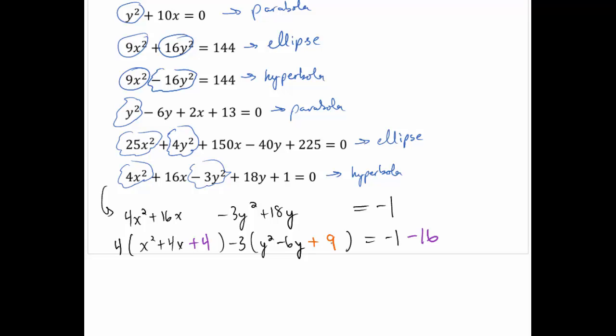I'm sorry, I should have added 16 earlier. If I add 16 on one side, I have to add 16 on the other side. Here, negative 3 times 9 is negative 27, so I would now have to subtract 27 on the right.